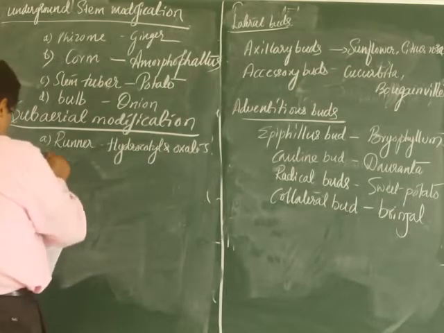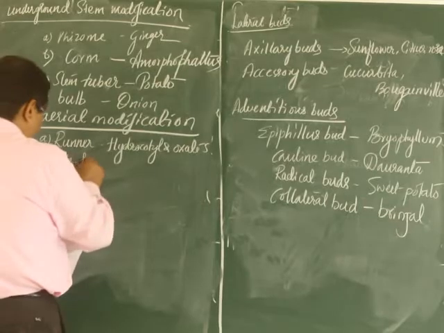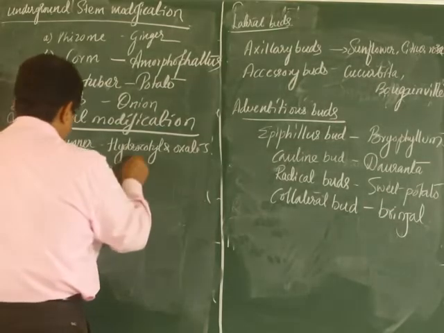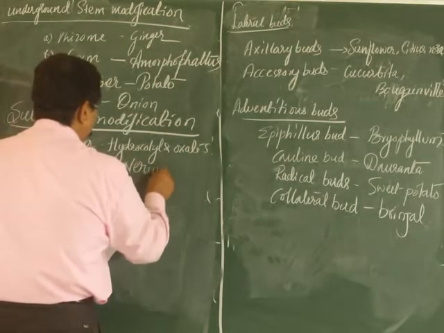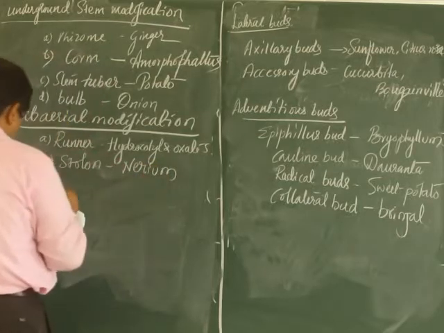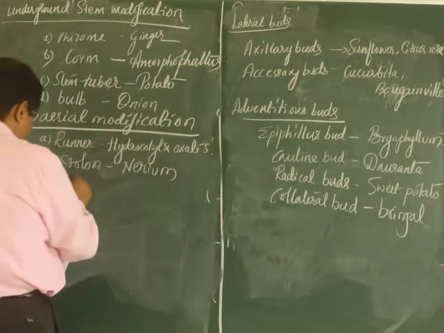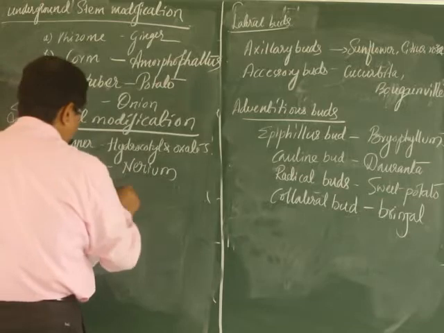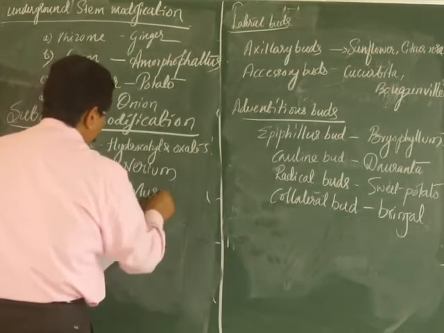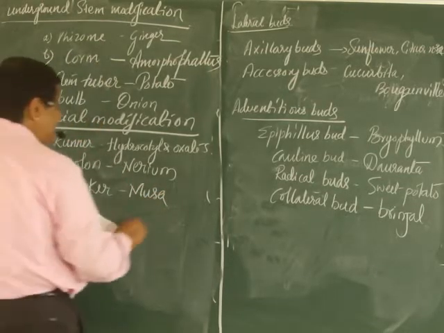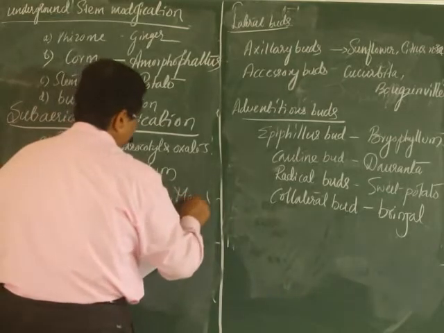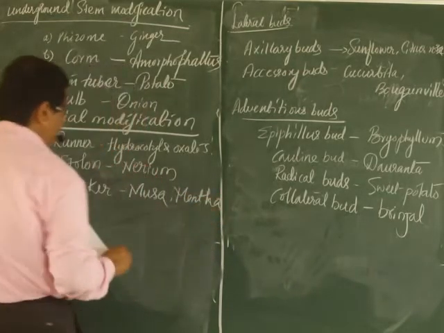So, stolon, seen in Nerium plant, and sucker, it is seen in Musa plant, and mentha, it is easy to remember, I think, mentha.